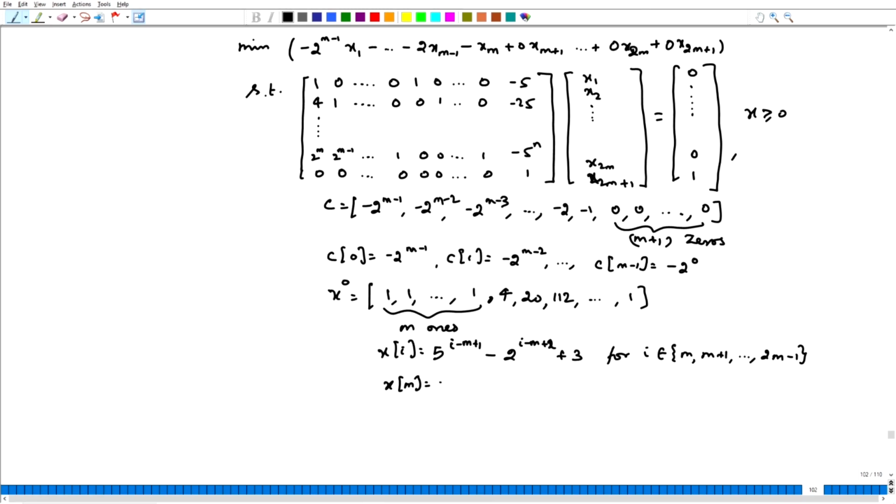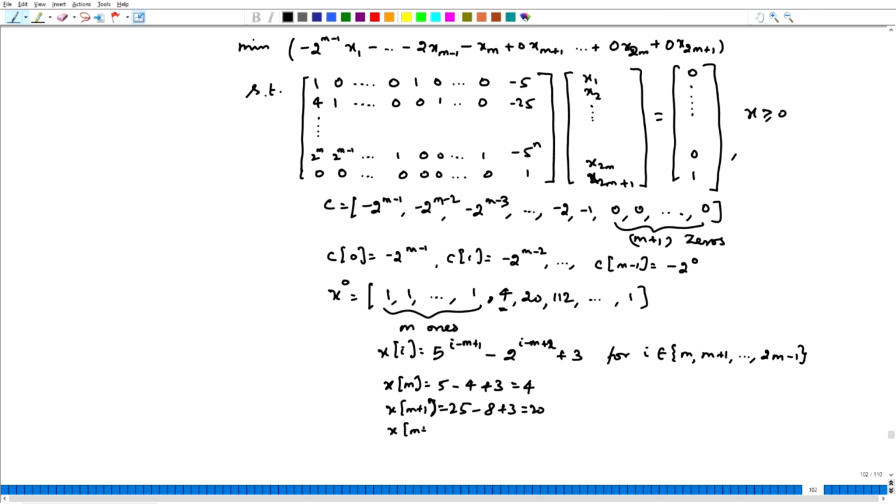X of m is 5 power 1, that is 5, minus 2 power 2, which is 4, plus 3. So, 5 minus 4 plus 3 is 1 plus 3, it is 4, right. So, that is correct, it is 4. And what is x of m plus 1? It is 25 minus 8 plus 3, which is 20, right.